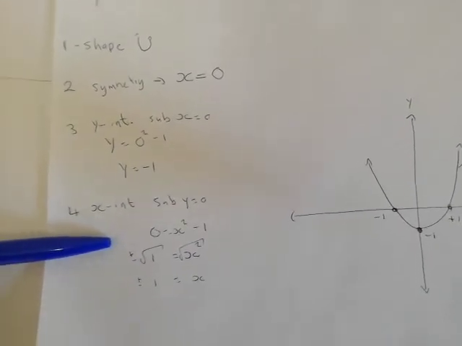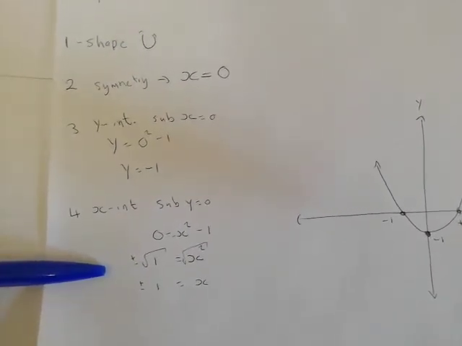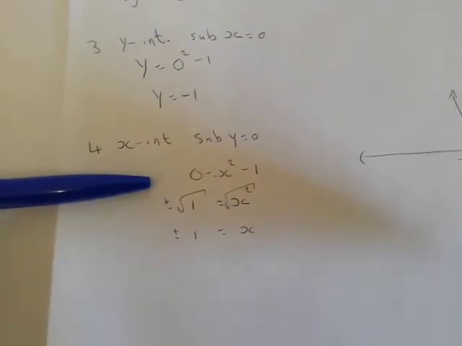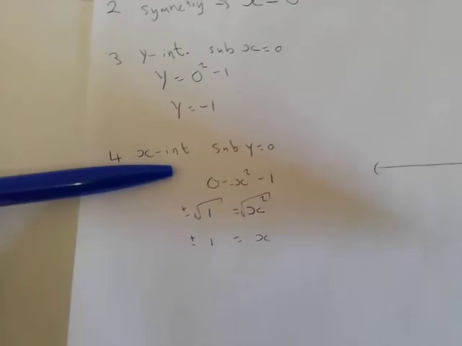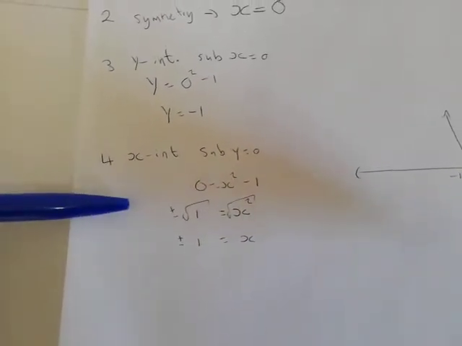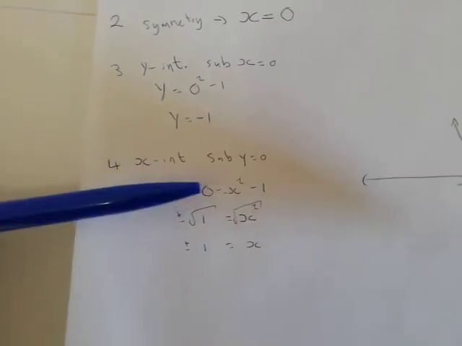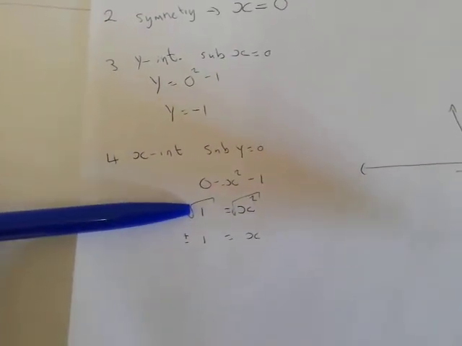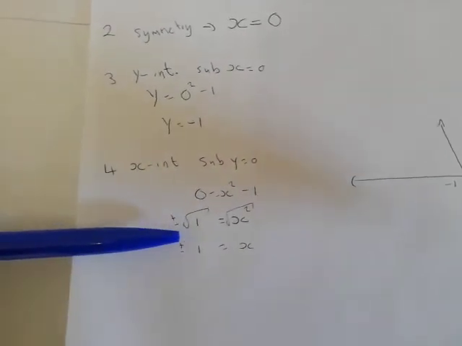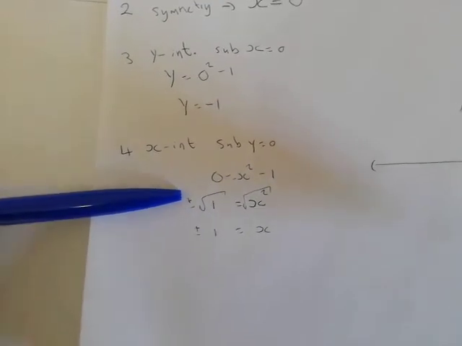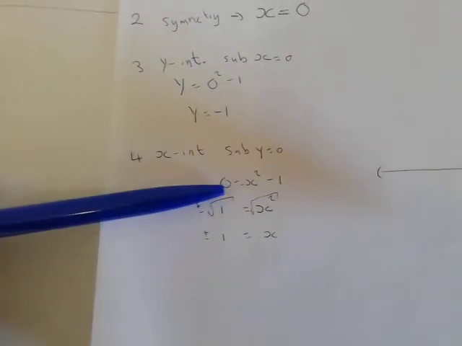which you do by substituting y equal to 0. So if you substitute y equals 0, you have 0 equals x squared minus 1, which is a difference of squares, or you can take your constant value to the left hand side, but you have to remember when you square root your x squared and your 1, you have to say plus or minus square root of 1.